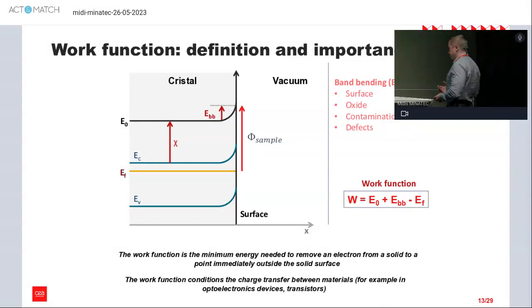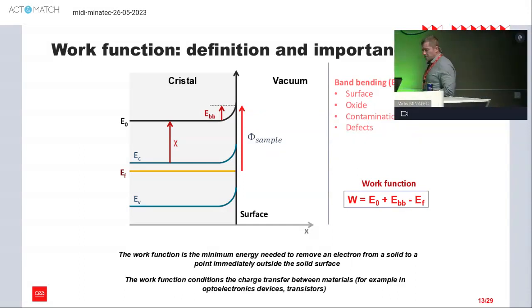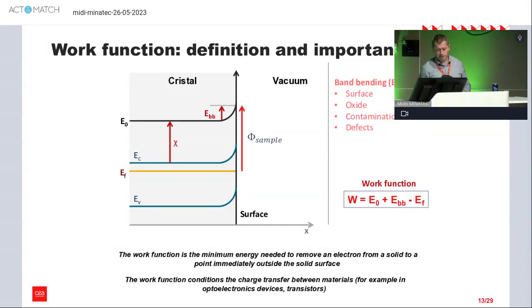So in other words, it is the difference between Fermi level and vacuum level. The work function is very useful because it's linked to everything on the surface, so oxides, contamination, defects, or charges, and is useful for devices because work function conditions the charge transfer between materials.